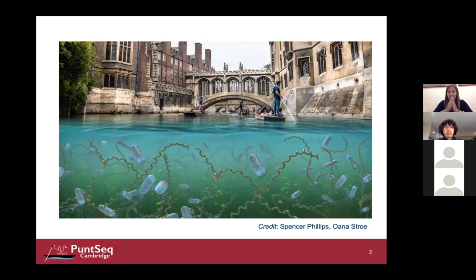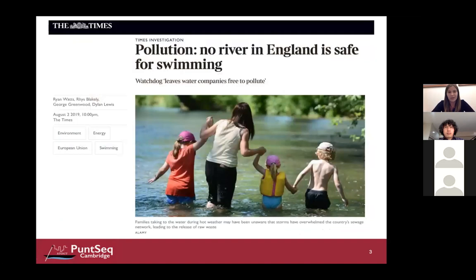So having said that we want to bring freshwater monitoring to remote places, obviously there is also a problem in the UK itself with freshwater quality. If you look at this Times article from 2019, so not a long time ago, the Environment Agency of the UK found out that no river in England is safe for swimming.